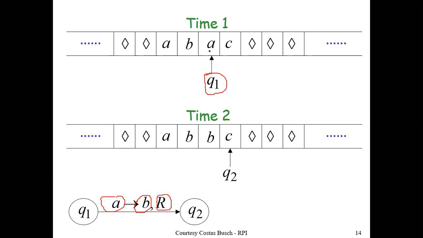So you will read A and write B here, and then move to the right side of the tape, and the right side of the tape is C. You are pointing to C, and now you are in state Q2. So your cursor will show your current state Q2.